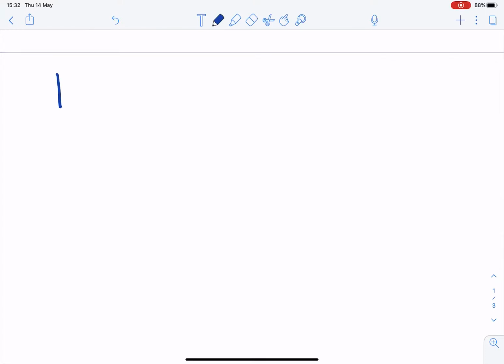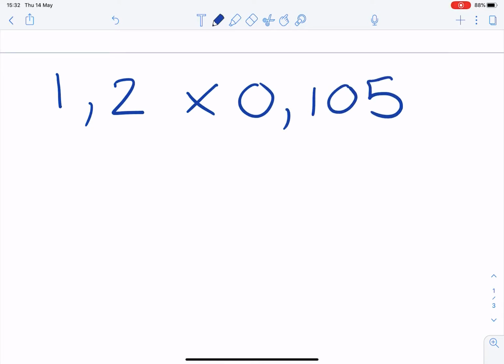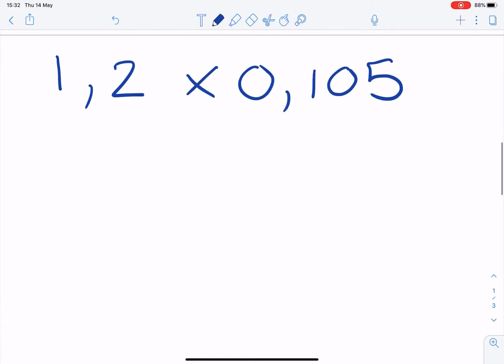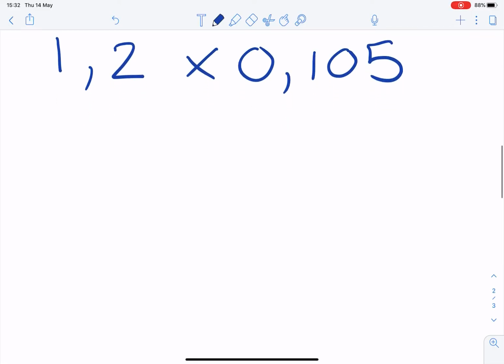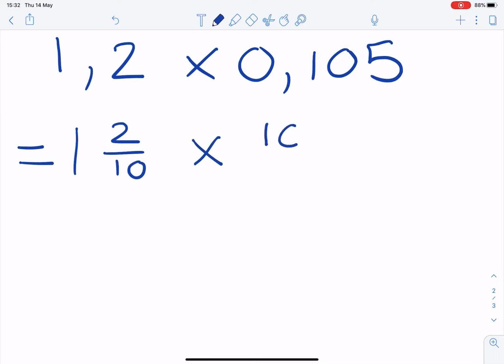Let's look at 1,2 times 0,105. Just because the numbers look more complicated doesn't mean it's any more difficult. 1,2 is 1 and 2 over 10 times 105 over tenths, hundredths, thousandths over 1,000.